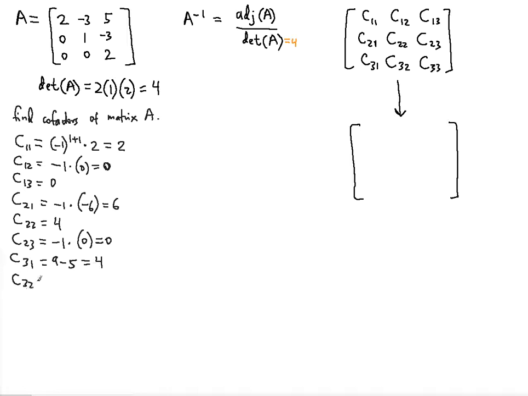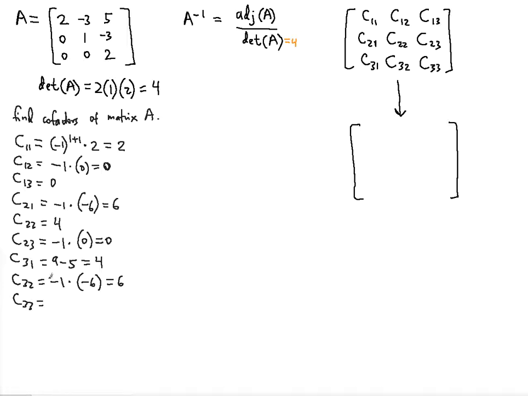All right, C3,2: row 3, column 2. That's -1 because the odd power of -1 gives you negative. We're working with these, 2 and -3, so that's -6. It gives you +6.